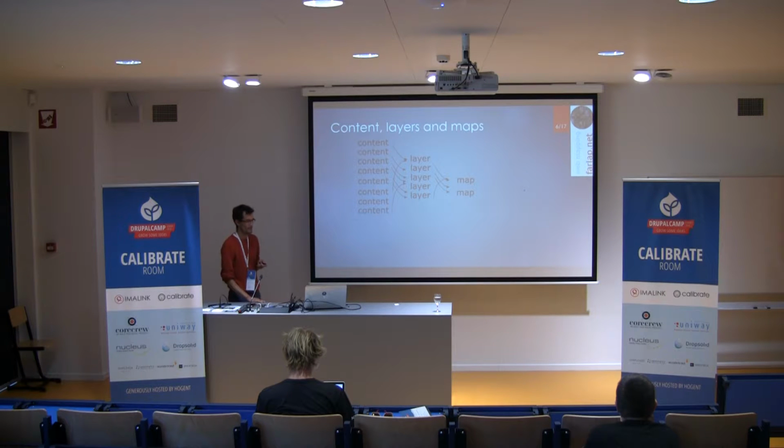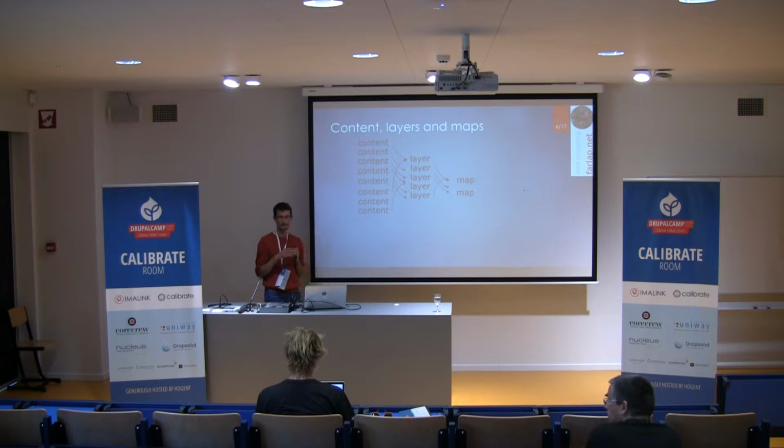So how all that fits together. We know content in Drupal, everything is content. And also in Cartaro, you work with content, but your content has one particular field, it's geospatial data. And in Cartaro, there is also a definition of layers. So layers actually query data from your content, and they group all that content together.